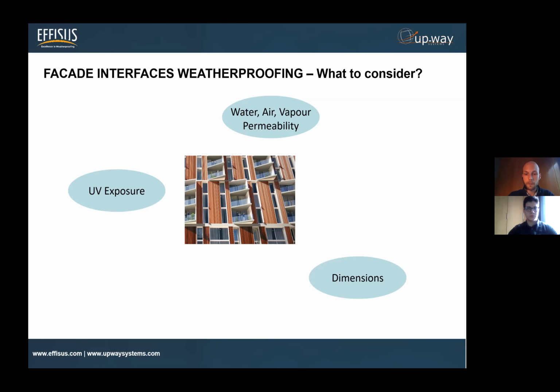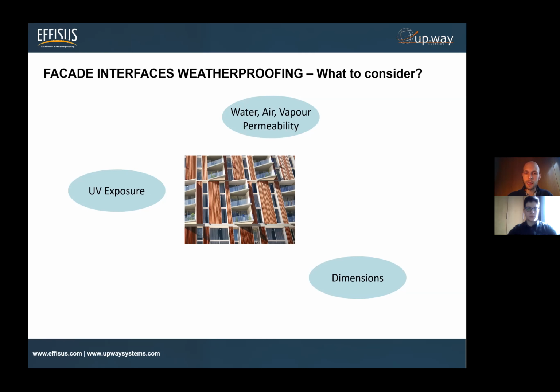sooner than expected. Then dimensions, of course, we need to understand what's the gap width and how much we need to bond it to each surface. So we need to be very careful when choosing the membranes, for instance, that we'll be using in this kind of interfaces, as a membrane that is smaller than it should be could of course generate a big problem at site.